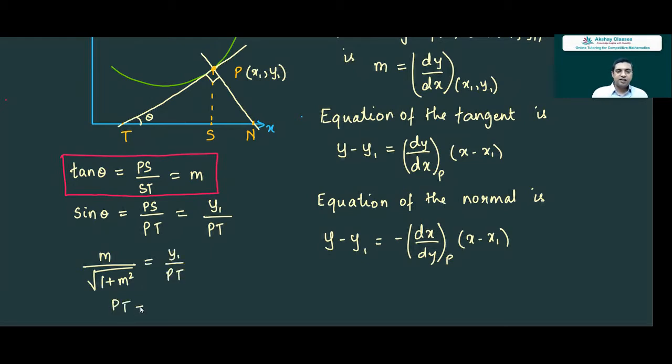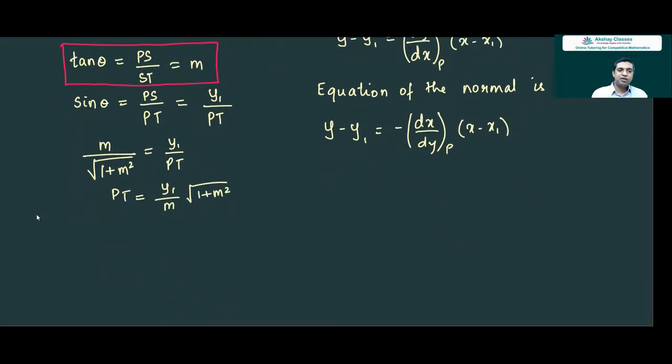So PT, this is the length of the tangent, is y upon m into root of 1 plus m square. This is the length of the tangent, from the point on the curve to the point where it cuts the x-axis.